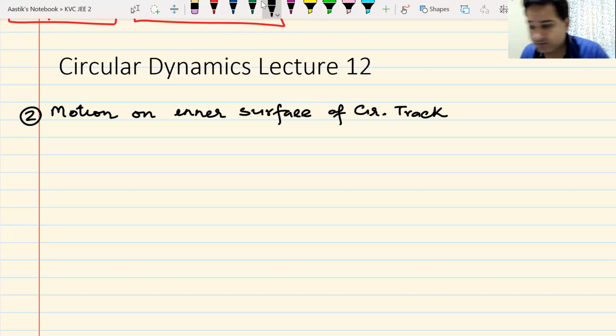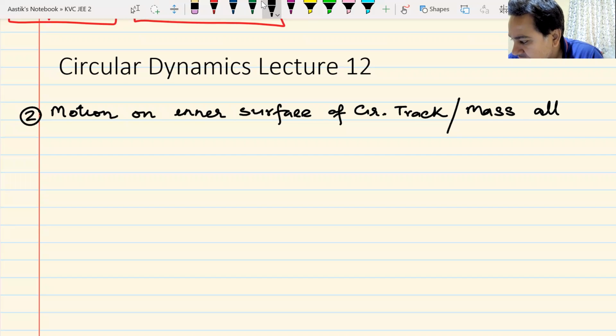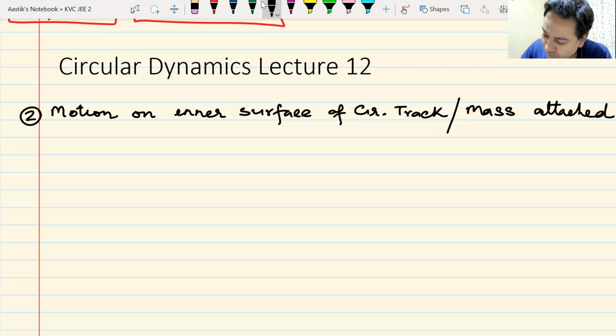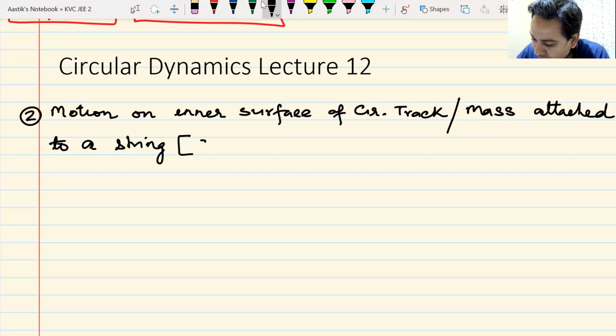Now when we are going to understand this motion, we are going to understand this motion as well as, so I'll just put a slash, mass attached to a string, or simply we are also going to understand the motion of a simple pendulum.